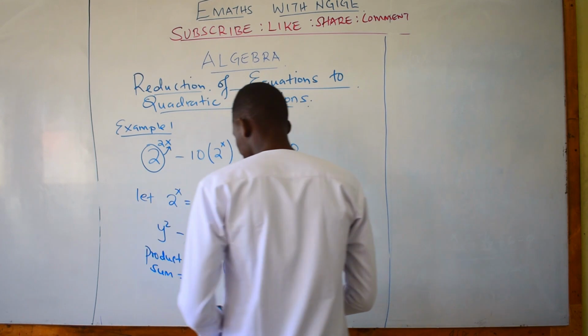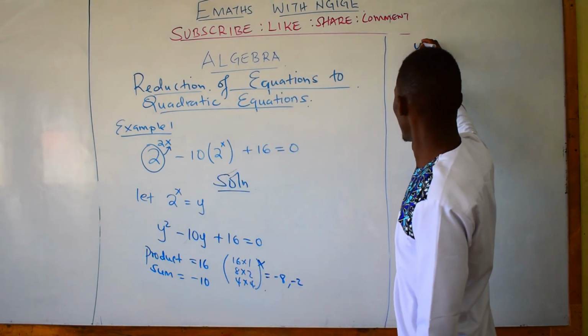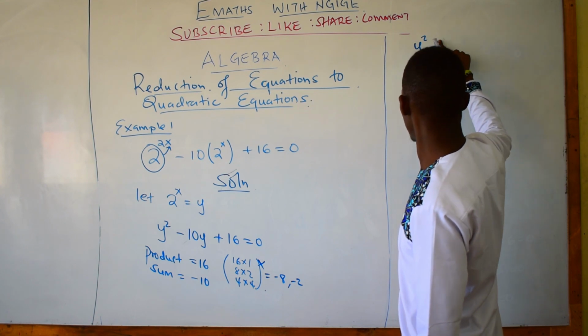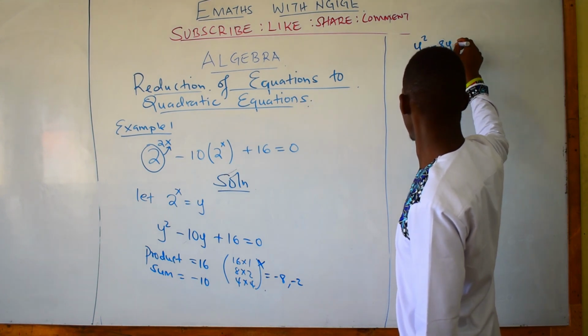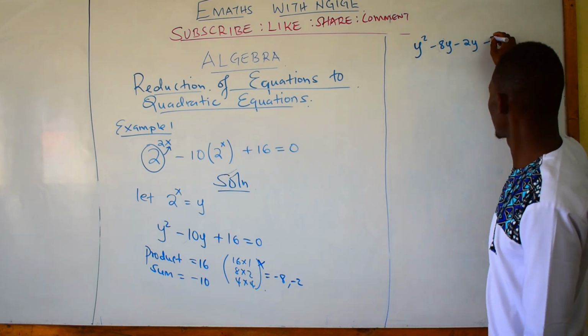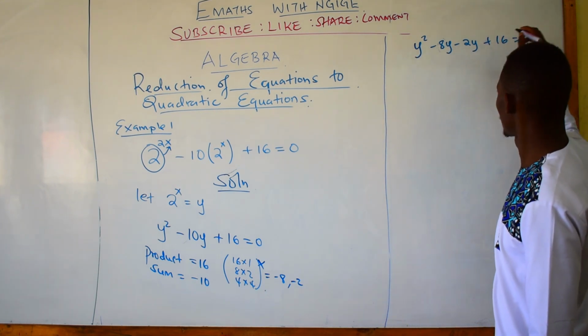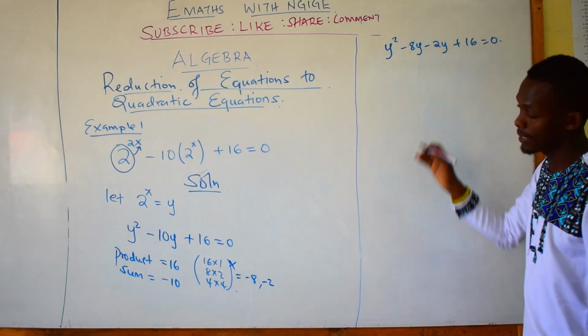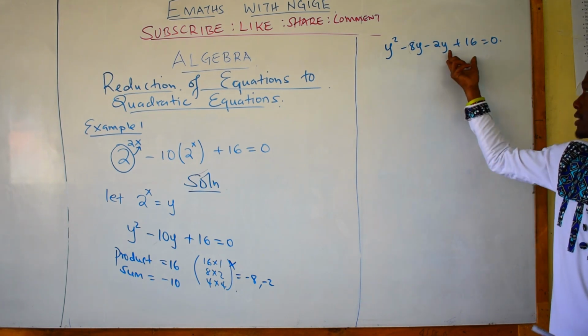So therefore, writing that, y squared minus 10y is now replaced by y squared minus 8y minus 2y, then we have plus 16 equals to 0. Taking 2 terms at a go, we pair this and we pair this.